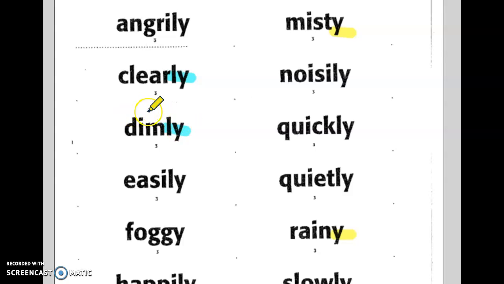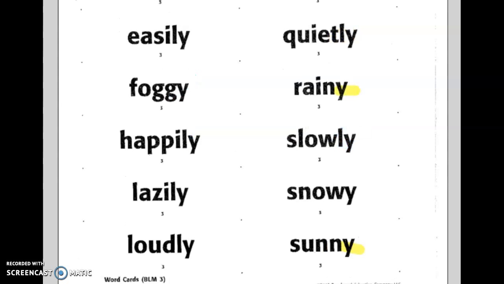The root or base word is dim, and it has the suffix ly added to the end of it. Quickly is another example on this page. Others are slowly, quietly, and loudly.